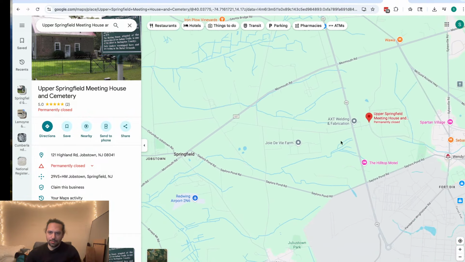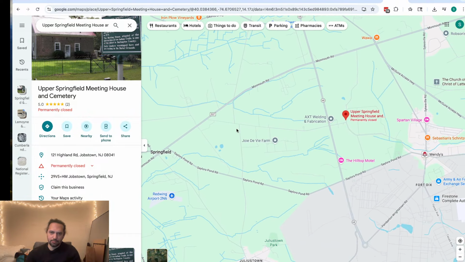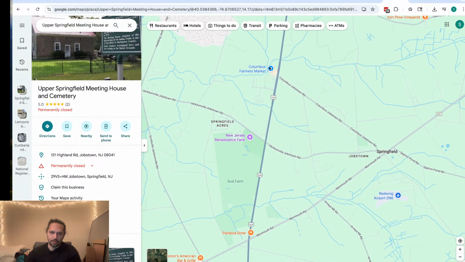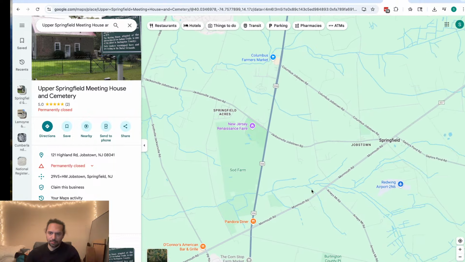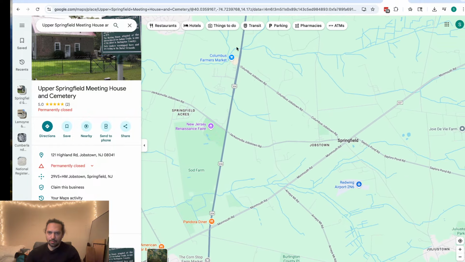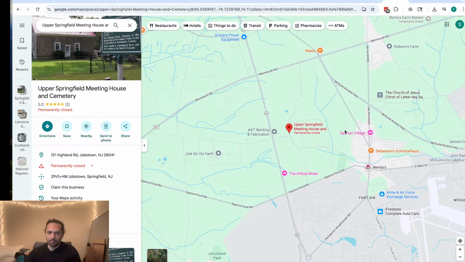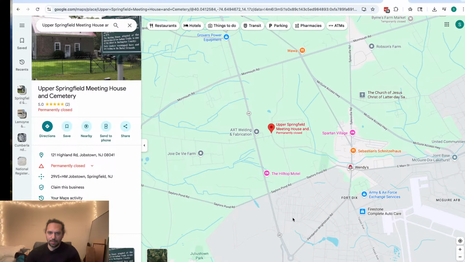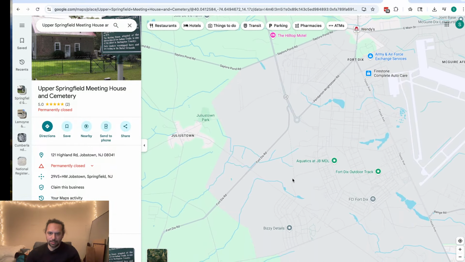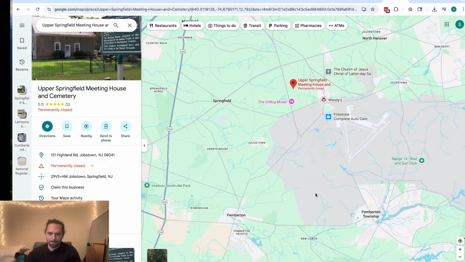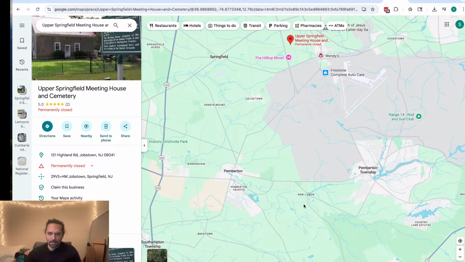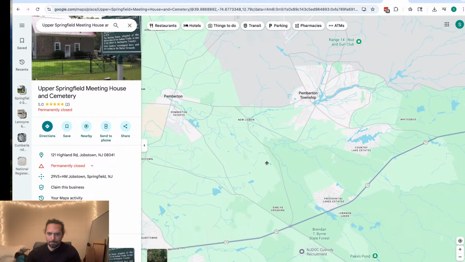Because if you go this way far enough, look, it's all bounded by creeks all around. But this is a clear passage between all these creeks, right? Can keep going all the way down here.